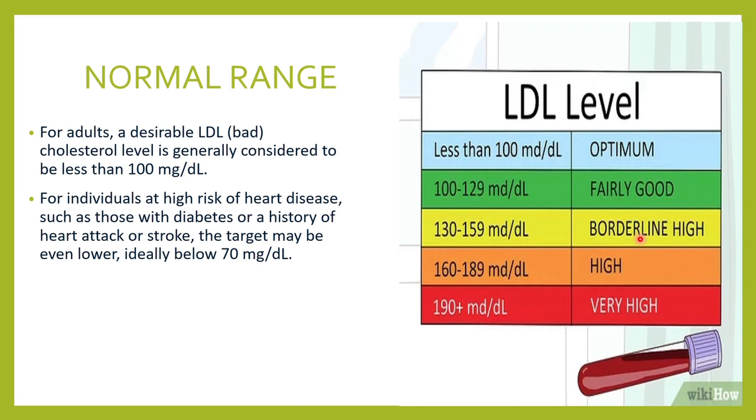So the normal range of LDL would be less than 100 milligram per deciliter. This less than 100 milligram per deciliter is for people who have no previous history of heart attack, who have not undergone any angioplasty, who have not undergone any stent placement, etc. Suppose if such risks are there, we expect that the LDL level in them should be less than 70 milligram per deciliter.